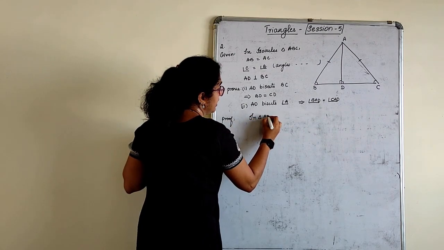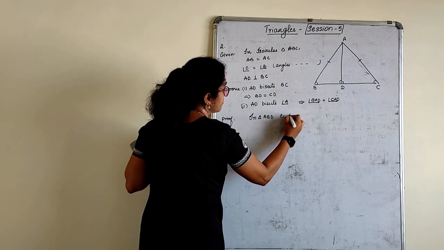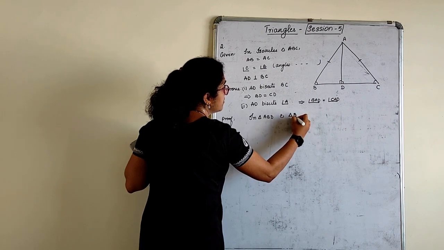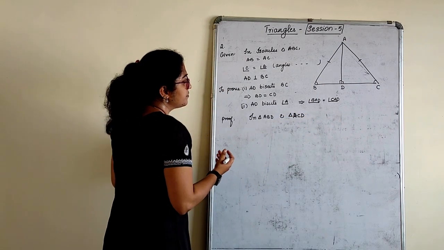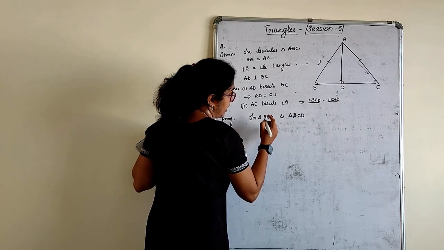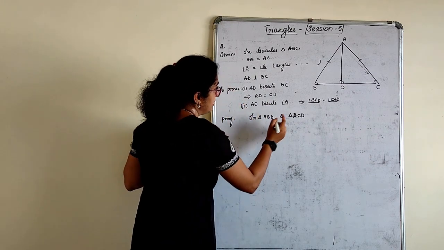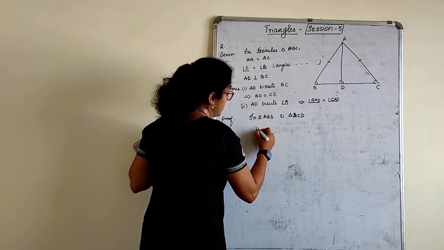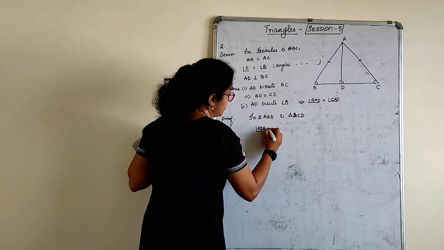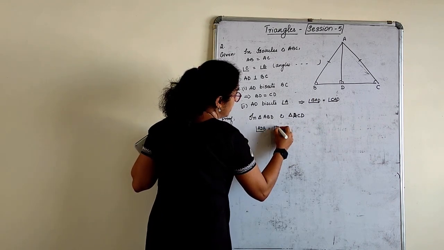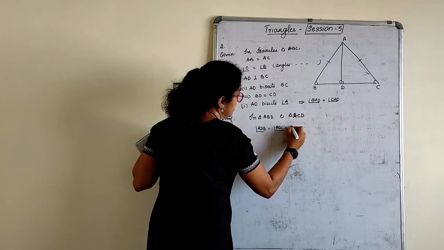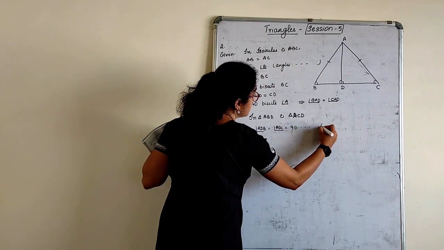In triangle ABD and triangle ACD. First of all, I will write now. Okay, I will choose 90 degree. I'll tell you why. So, angle ADB is equal to angle ADC is equal to 90.